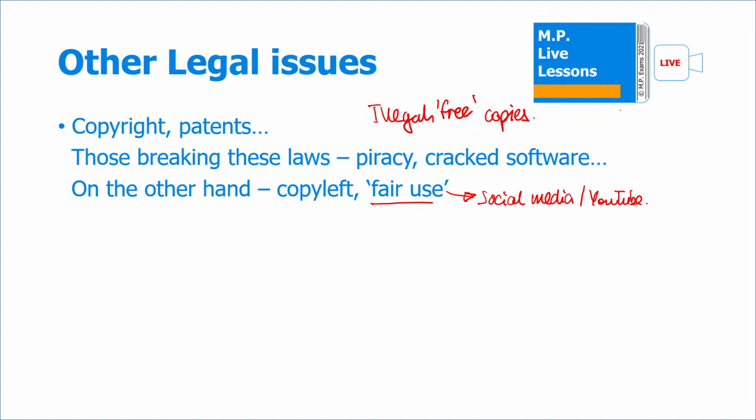But not letting them use it is another issue in itself. That's why you have things like Content ID claims, because sometimes it's hard to get hold of these permissions from the copyright holders.